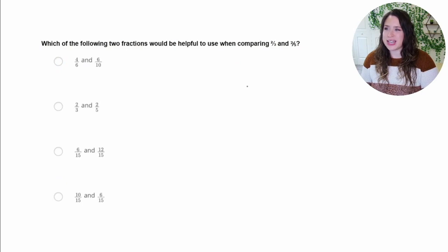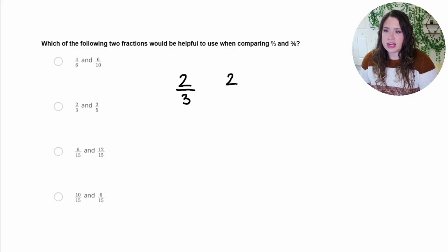This last question says, which of the following 2 fractions would be helpful to use when comparing 2/3 and 2/5? So I'm going to go ahead and write those fractions out here, 2/3 and 2/5. And the way that we need to compare fractions is we need to get the denominators to be equivalent. So I have to think of a number that both 3 and 5 multiply into.